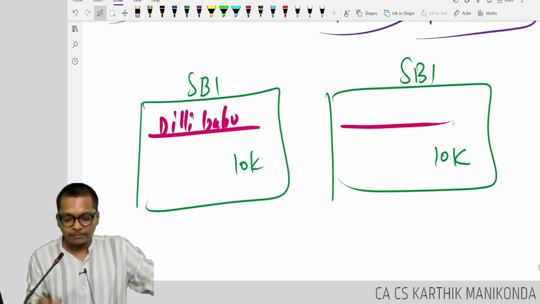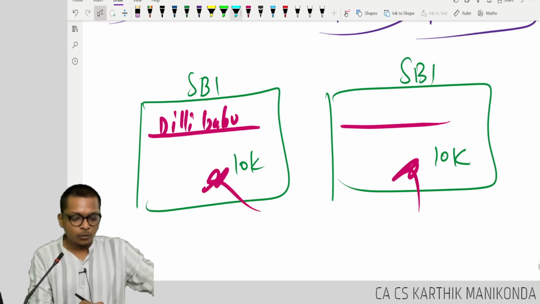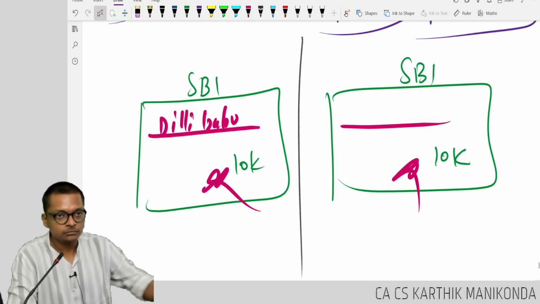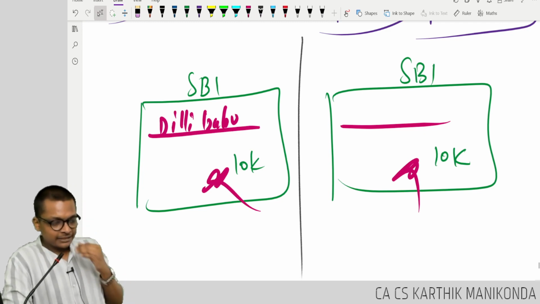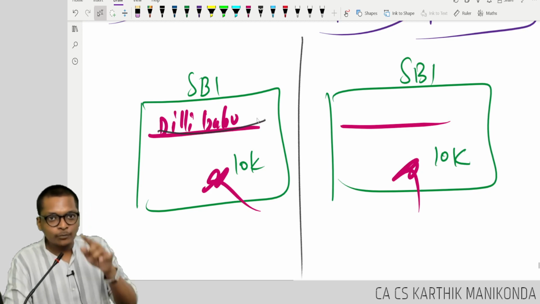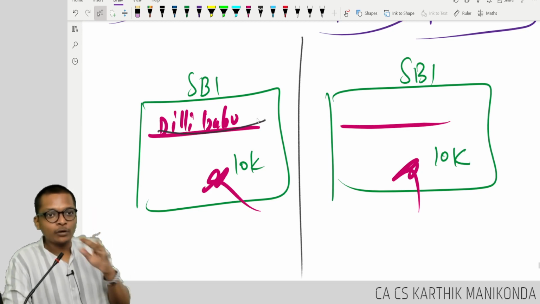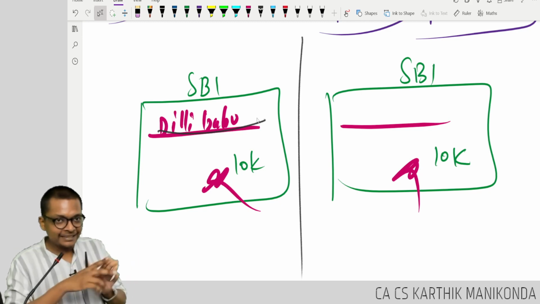Here I'm writing blank. Signed, signed. What is the difference between these 2? In the Dilli Babu check, the name is there, so only Dilli Babu will get the money. Sir, what if there are 4 Dilli Babus? Anybody in that name can take.